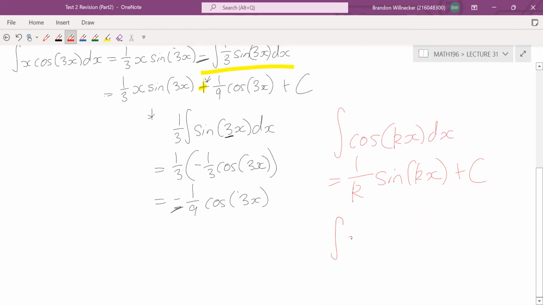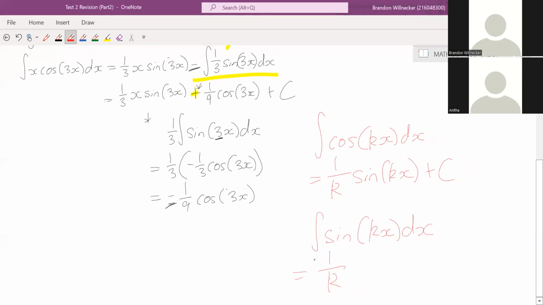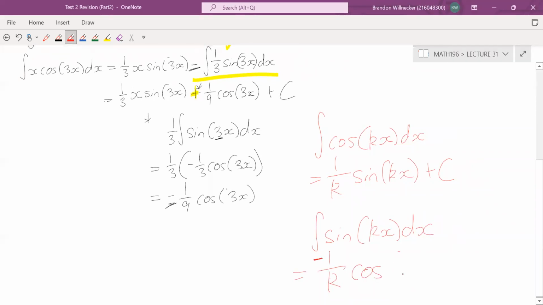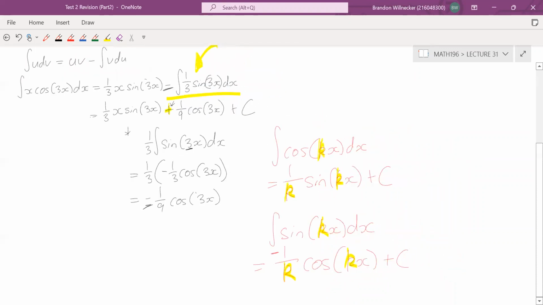And if you're integrating sine kx, this is going to be 1/k, sorry, minus 1/k cos kx, and then plus c. So whenever you have a multiple of a constant here, you need to divide by it. Okay, so the k in front of the x becomes 1/k, like that.